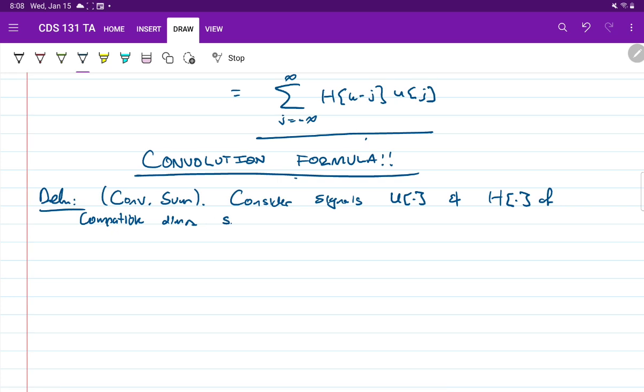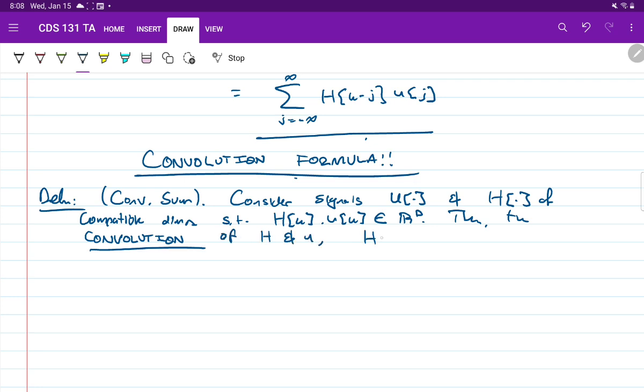All right. And these signals should satisfy that the product h of k times u of k is an element of R^p, okay? Then the convolution of h and u, which is defined h star u, and this goes from Z into R^p, is the signal which is defined as follows.